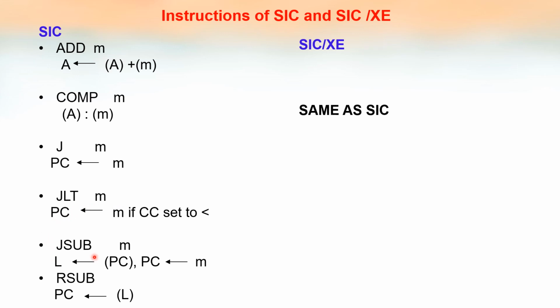Next is JSUB, jump to subroutine. This is similar to function calls in high-level languages. When a function call is encountered, the program control transfers to the function definition.